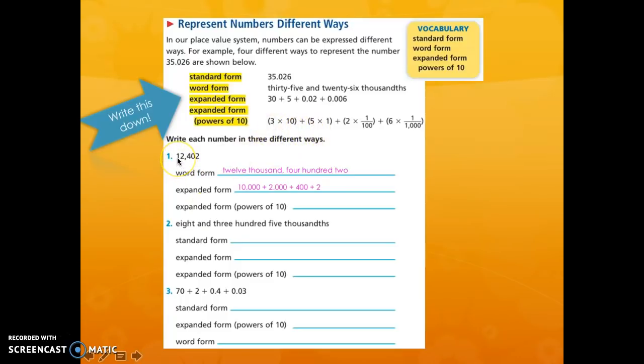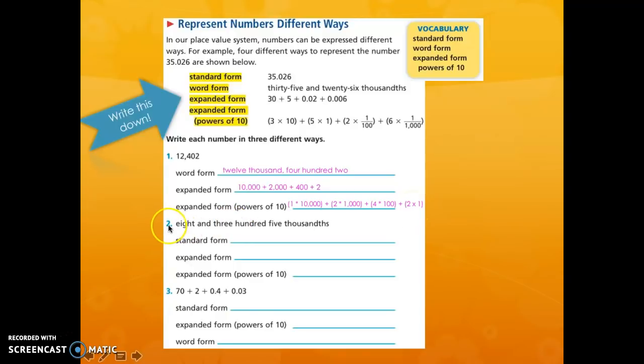Since my 1 is in the ten-thousands place, I'm going to have 1 times 10,000. My 2 is in the thousands place, so 2 times 1,000. 4 is in the hundreds place, so it's 4 times 100. There are no tens, so then I'm going to just jump over to the ones, 2 times 1.